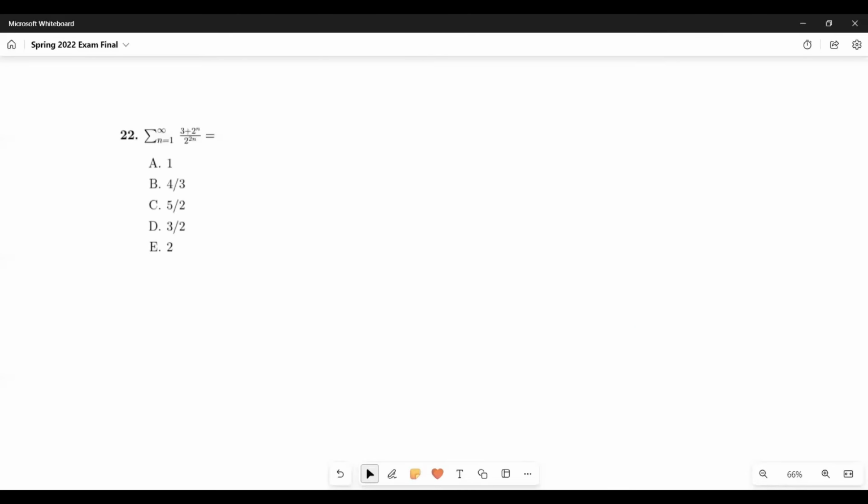Okay, this question asks to find the sum of that. So (3 plus 2^n) over 2^(2n) can be written as the sum from n equals 1 to infinity of 3 over 2^(2n), plus the sum from n equals 1 to infinity of 2^n over 2^(2n).